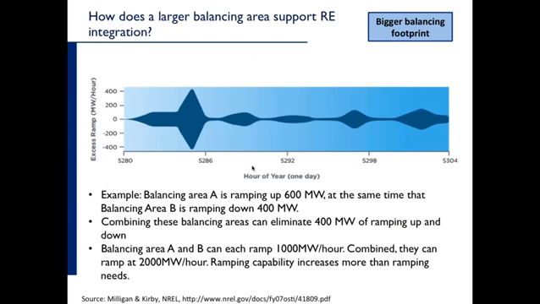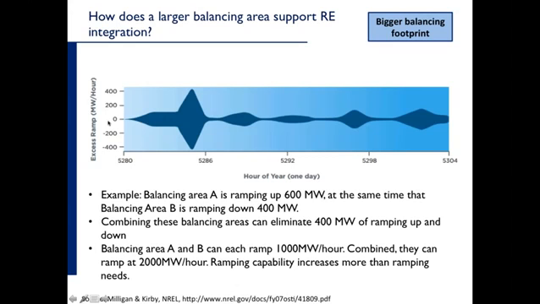Another aspect of larger balancing footprints is that when you take the wind and the solar and the demand data all together, you have an additional benefit if you can go larger. And I want to talk about that in a simple example. Now the graph, I'm not going to talk about too much at first, but we're looking at 1 day in this example, and we're looking at what I call excess ramping.